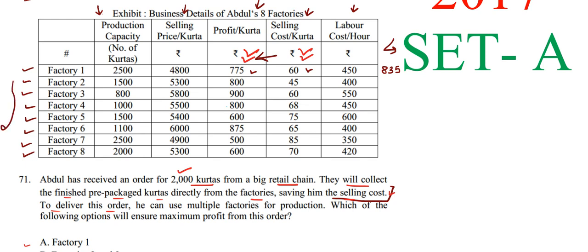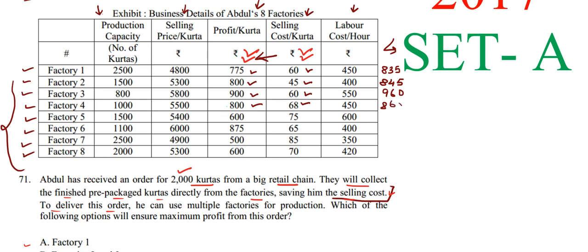We can solve each one of these 8 factories. If you need, you can pause this video and solve yourself, then you can match the answers with my answers. So let me solve here. For the second factory we have 845. In the third factory we have 960. Fourth, we have 800 plus 68, so this will be 868.